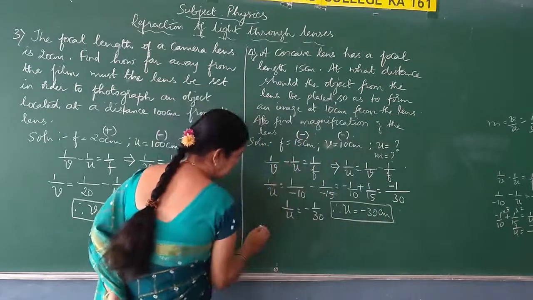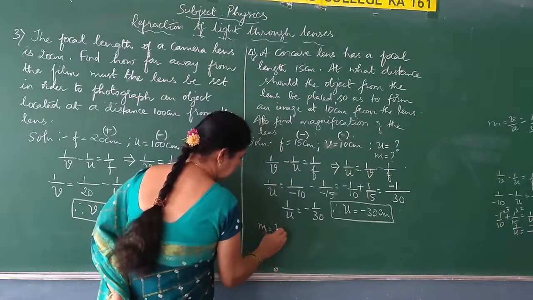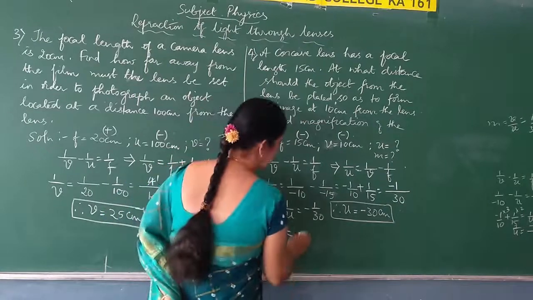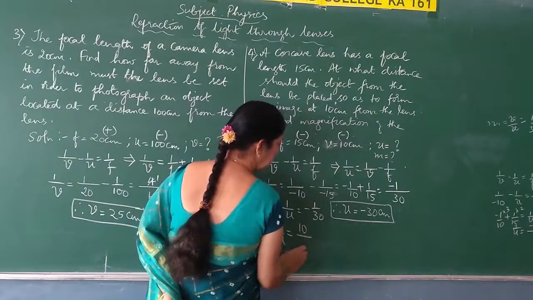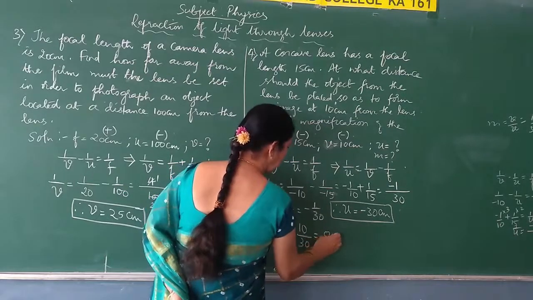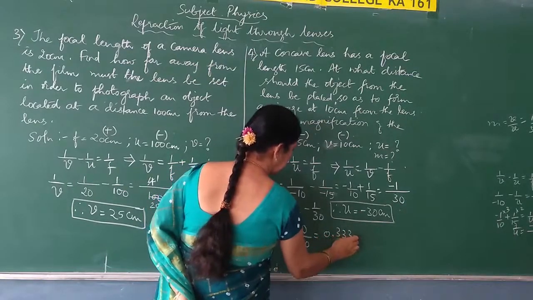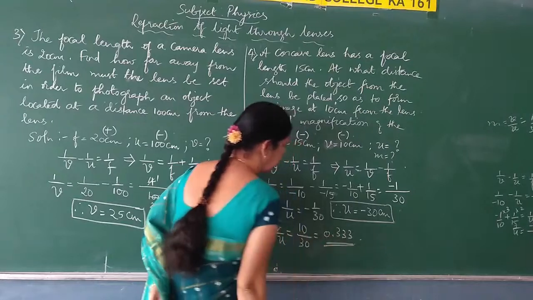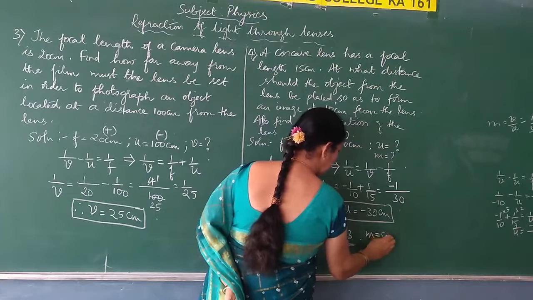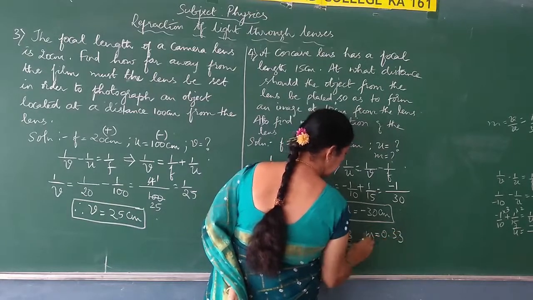Now, magnification. M is equal to V by U, what is V here? V is 10, right? U is 30, that will be equal to 0.33. This will be the magnification. Remember, magnification is just a number because it is the ratio of similar quantities.